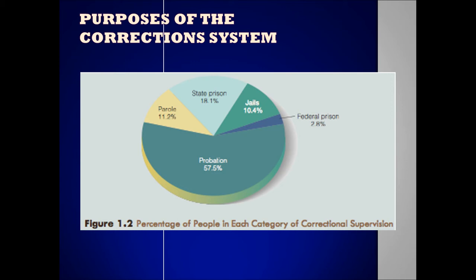And if they violate those rules or regulations, then they can actually be sent to prison. We'll be talking about that a little bit more later in the term. But I just want you to understand the greatest majority of those in the criminal justice system are not in prison. So this particular class is not just about prison, but it's about corrections in general. How do we deal with the guilty lawbreaker?